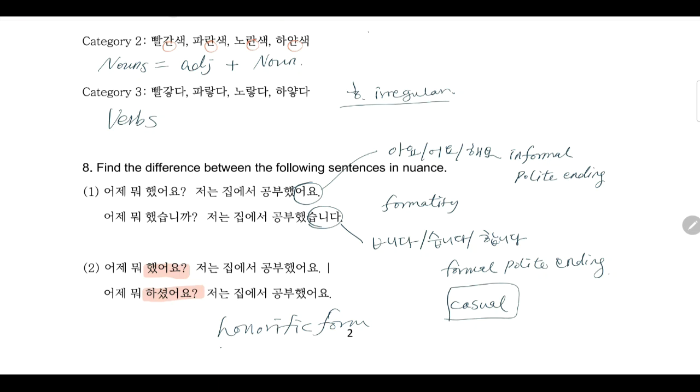So when can you use it? During the interview, during the presentation, conference presentation, public speech, news. These formal settings, we use a formal sentence ending. Either way, regardless sentence ending, you have to use honorific form, okay?